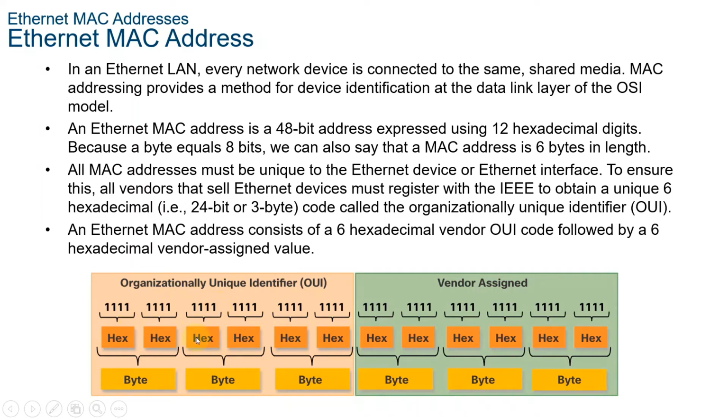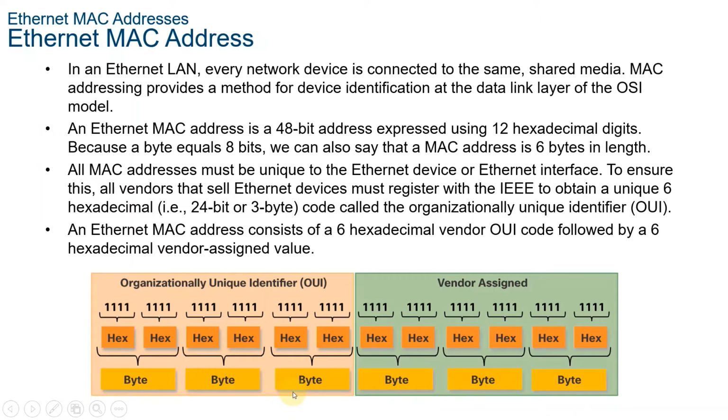Because a byte equals 8 bits, we can also say that a MAC address is 6 bytes in length. So you've got 3 bytes for the OUI, or the organizationally unique identifier, and another 3 bytes for the vendor assigned portion, making it 6 bytes in all.